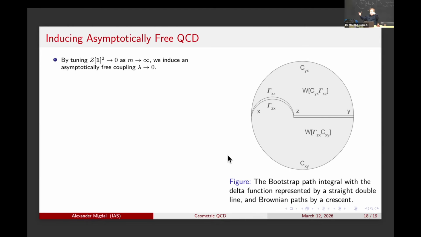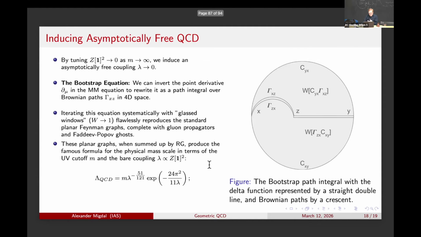We put on the same renormalization group, we would sum up the terms, and then we would get the same result. We will get this result that our effective lambda QCD for that theory will be lambda raised to these universal powers, because that's what we get from the planar graph.